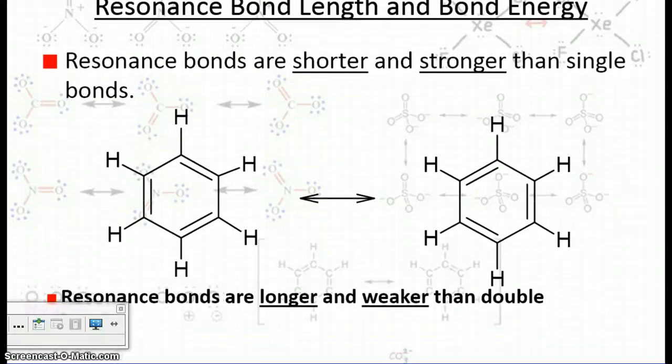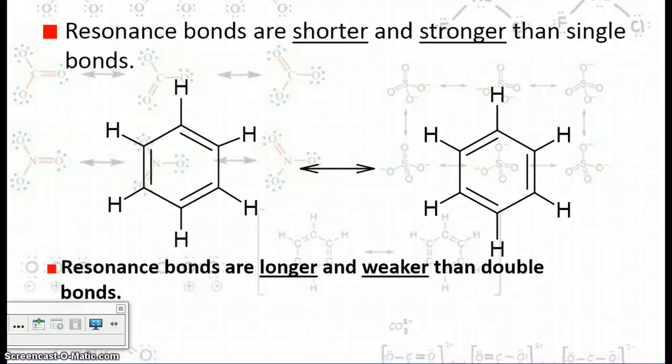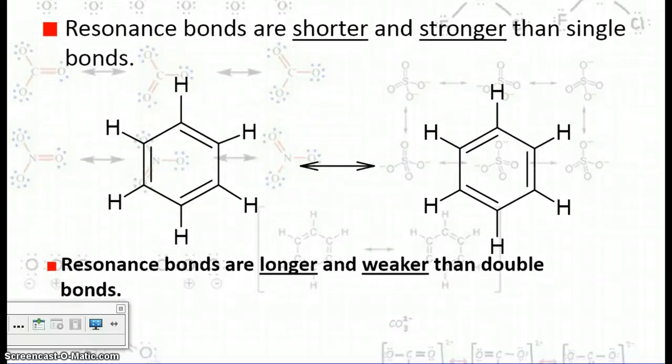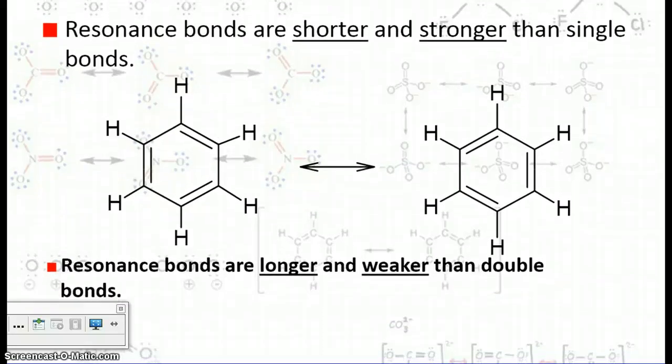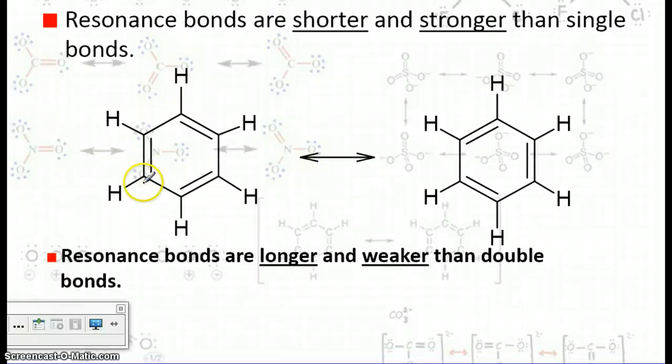Bond lengths that are resonant are shorter, as we've just seen in the past two examples, because they're kind of like a hybrid of two bonds. In benzene again, we see that the bonds are going to be about a 1.5 bond.